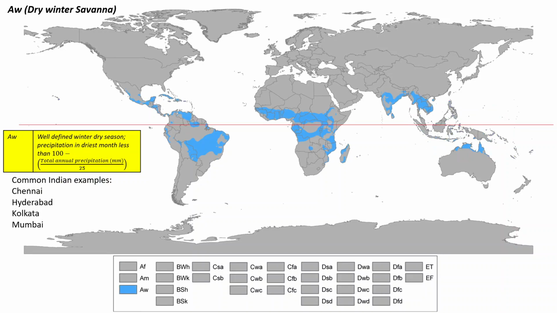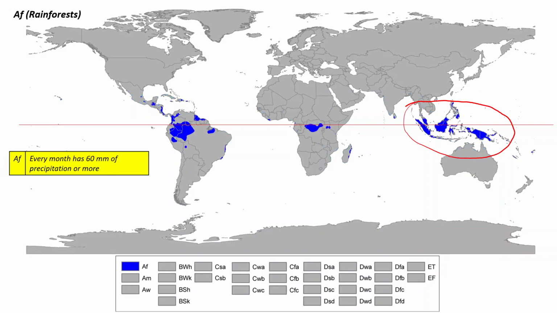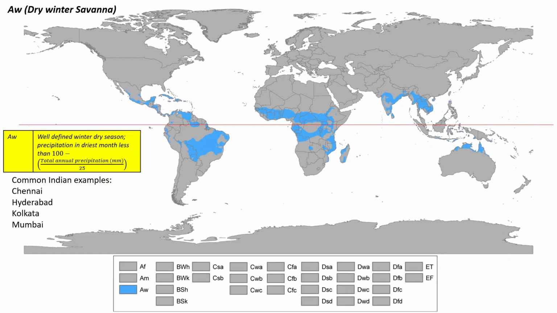Then dry winter savanna. If you see over here, in the previous map there were some locations which were rainforest. Now here, the winters become dry. So these areas have a well defined dry winter season, and precipitation in the driest month is less than 100 minus total annual precipitation.